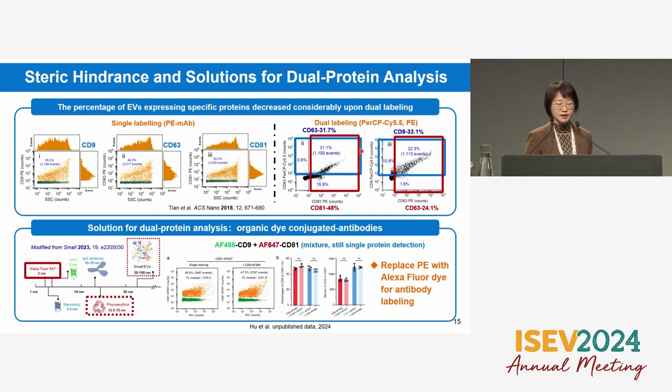But if we replace the phycoerythrin or those larger size PerCP with, let's say, Alexa Fluor dyes, and you label each antibody with a different Alexa Fluor, because of the small size, the statistical hindrance can be negligible. So both the ratio and the median fluorescence are comparable with single labeling.